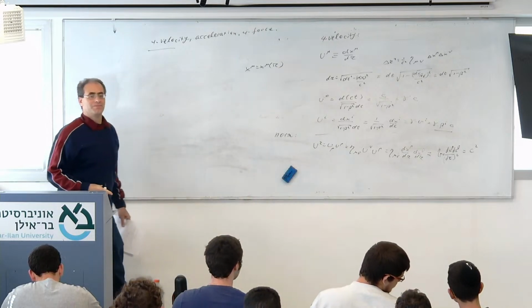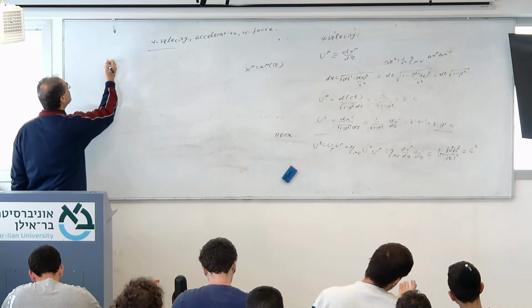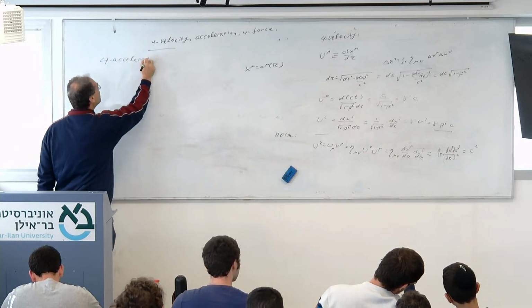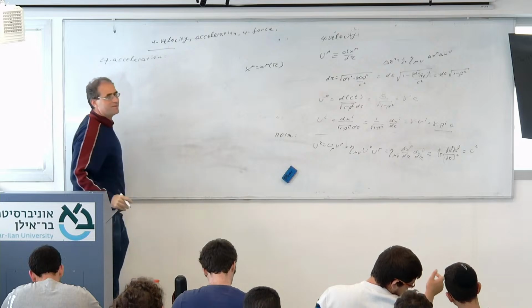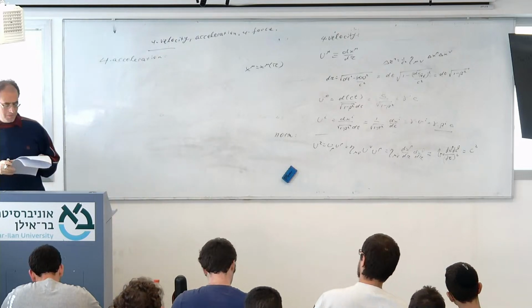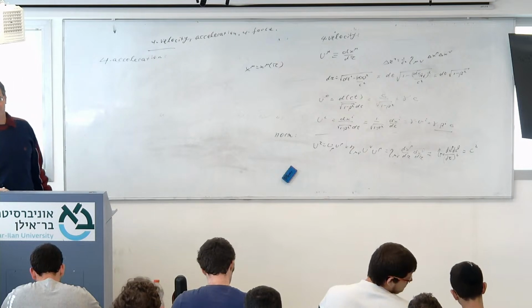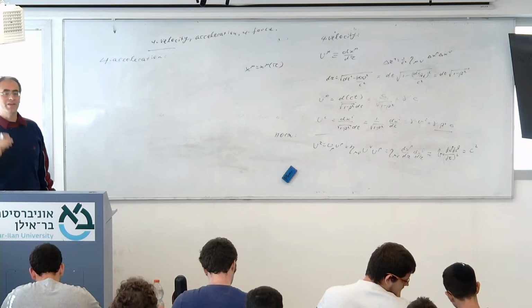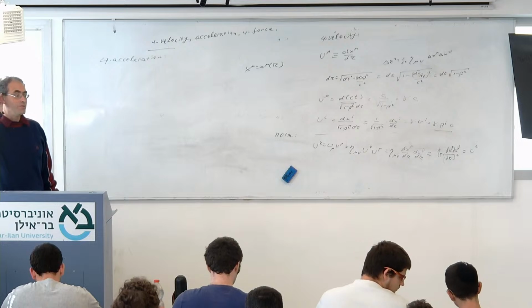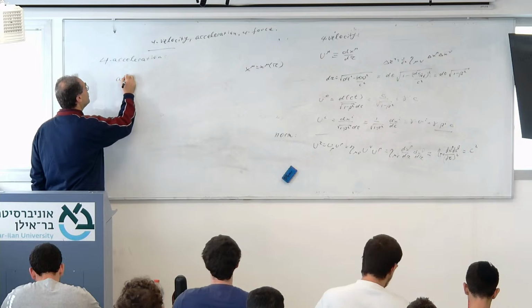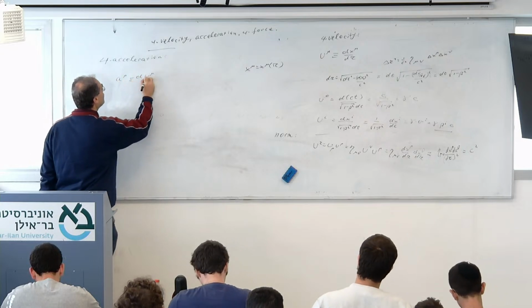For acceleration, what's the definition of acceleration? With respect to tau, of course. It's very simple: a^μ is defined as du^μ over dτ.